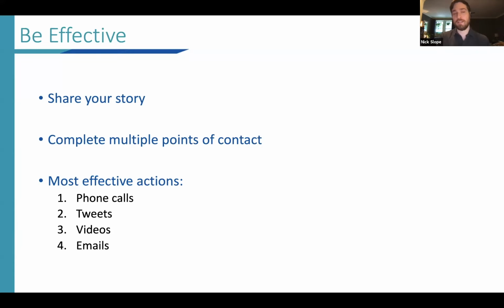Second would be tweets in our experience, and we believe that this is because of the public pressure aspect. If they are receiving lots of tweets on their Twitter account and they're being called out on an issue or asked to support an issue, they're going to be much more likely to put some weight behind that.